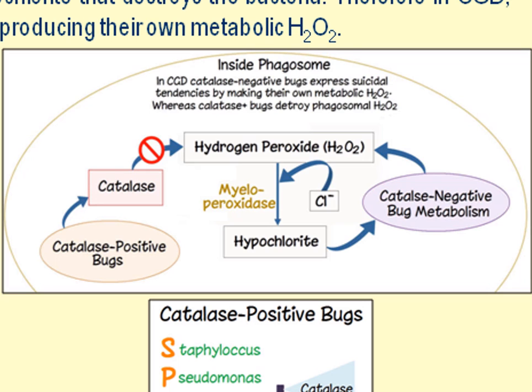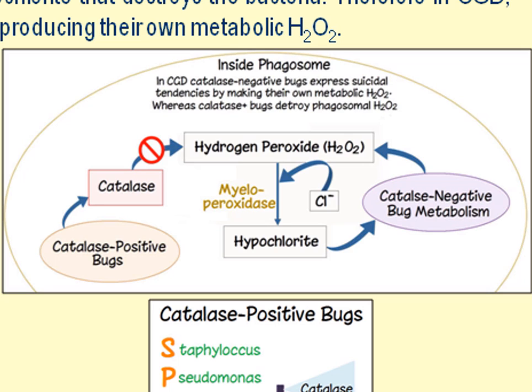In the case of catalase negative bacteria, such as Streptococcus and Enterococcus, their metabolic activities within the phagosomes of the neutrophils produce some amount of H2O2, hydrogen peroxide, that is released into the vacuoles and acts as a substrate for myeloperoxidase, which results in formation of hypochlorite that destroys part of the bacteria, if not all of them, that are present in the lysosomes of that neutrophil or macrophage.